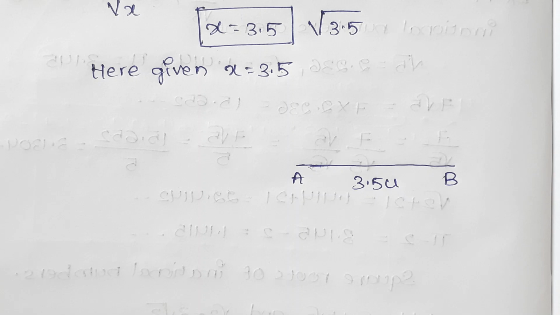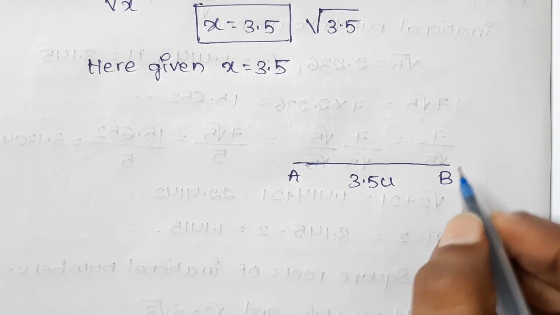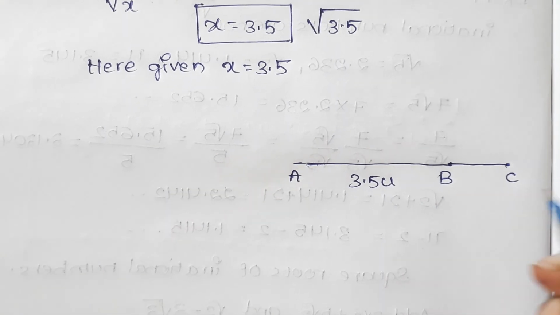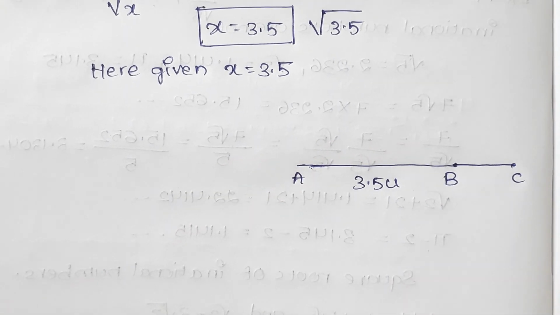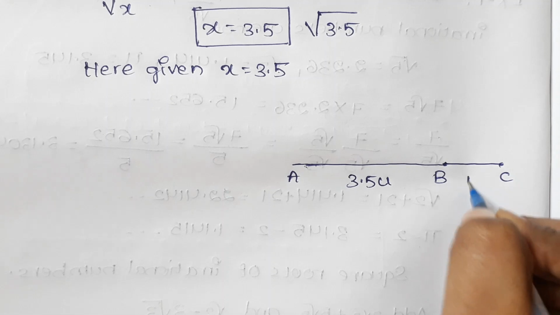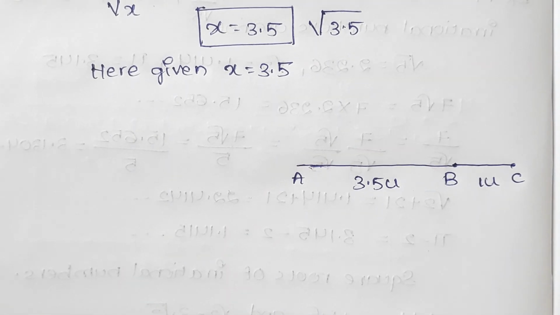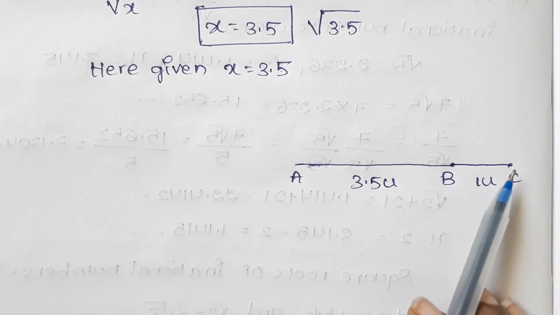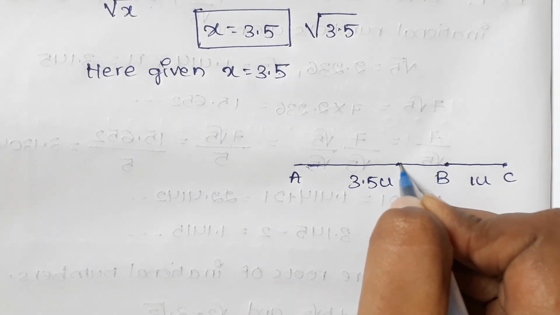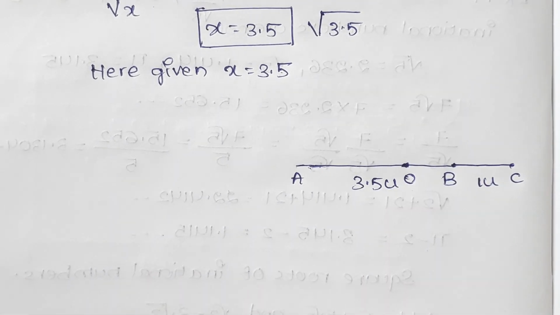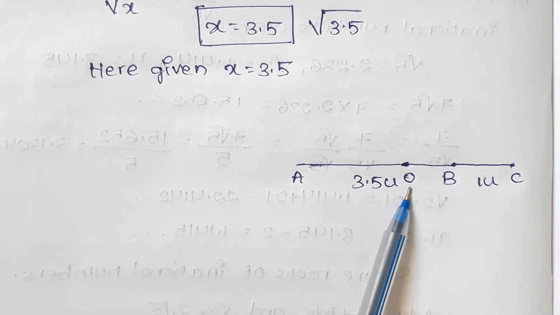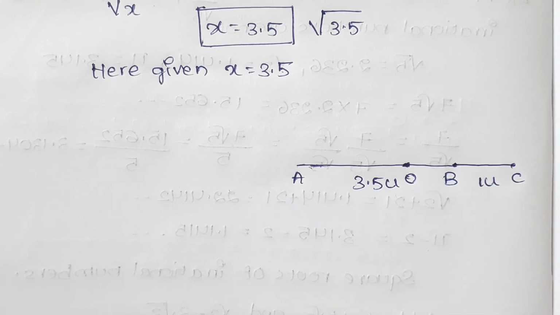And from B the line is extended to C with 1 unit. From A to C, the center is marked as O, and O is the midpoint of AC.